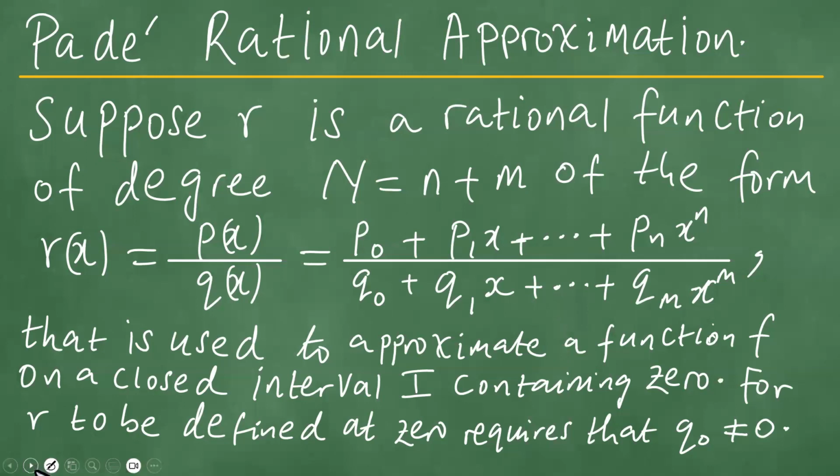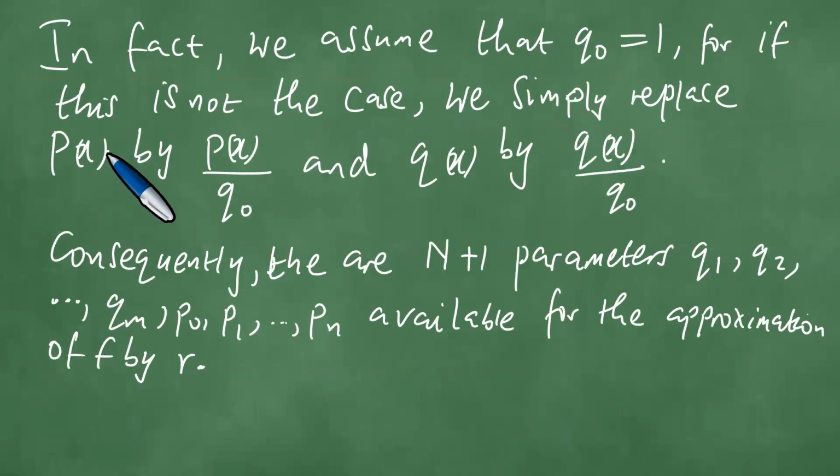Next. We focus on the most underpinning aspects of this. We assume that Q naught is 1. I must indicate that we always do in this module assume that Q naught is 1.